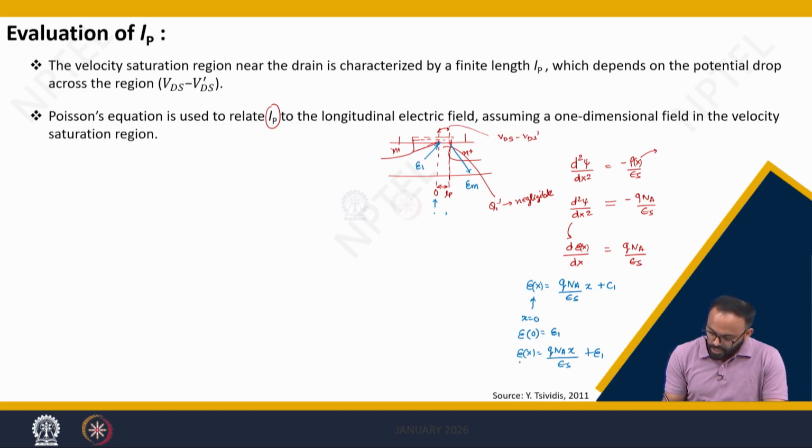We can again replace this as d psi by dx or dV by dx and put a proper limit to find out the LP in relation with the voltage.